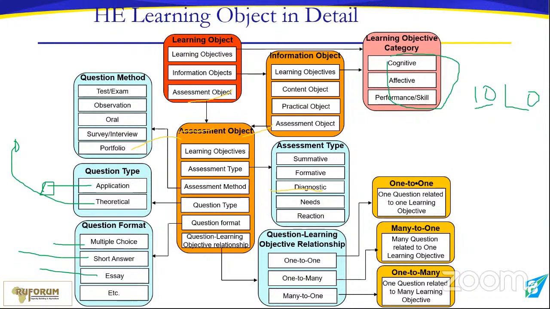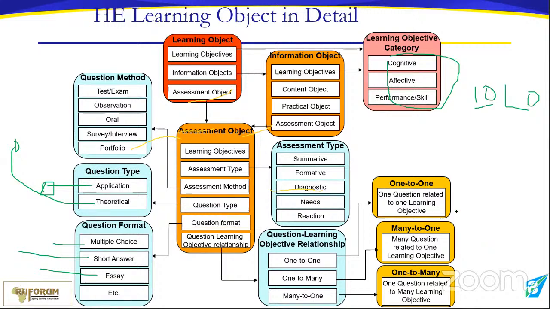That is a one-to-one: one question covering one learning object. To make learning objects easier, think about units or modules. So if my course has 5 modules, I am going to ask 5 questions at the end of the exam, and each question is going to come from each of those modules. That is a one-to-one.